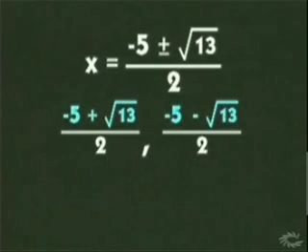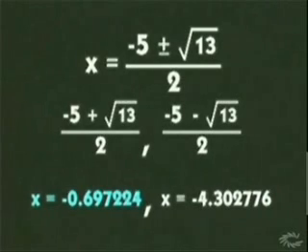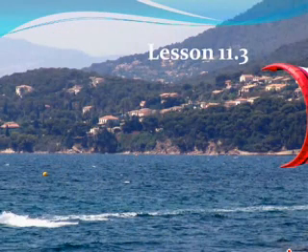If you do, remember to add or subtract radical 13 from negative 5 first, and then divide that result by 2. Rounding to 6 decimal places, we get x equals negative 4.302776 and x equals negative 0.697224. But normally, you can just leave the answers in radical form.